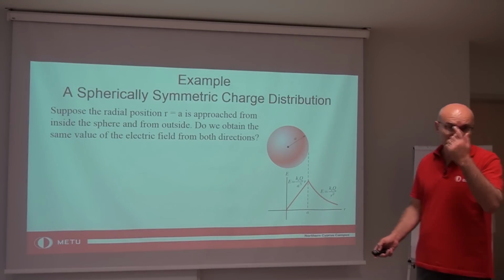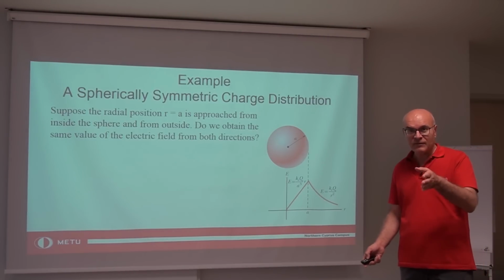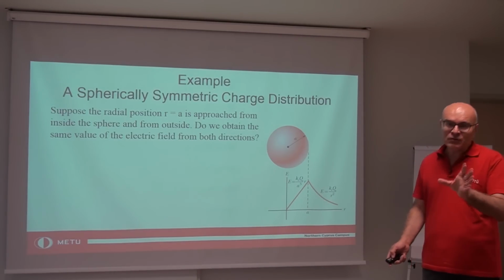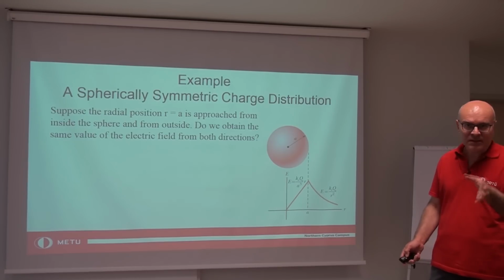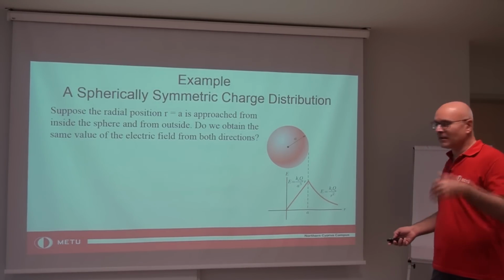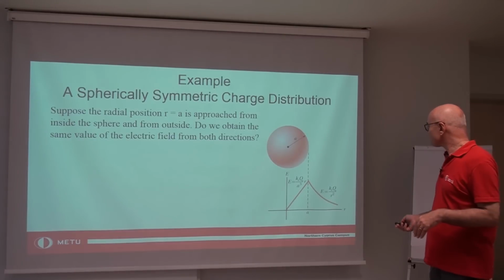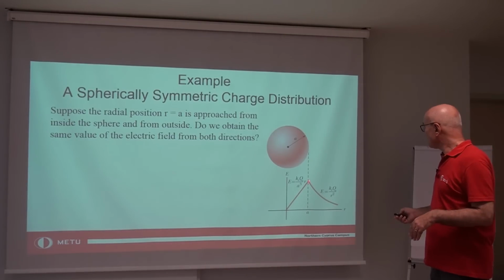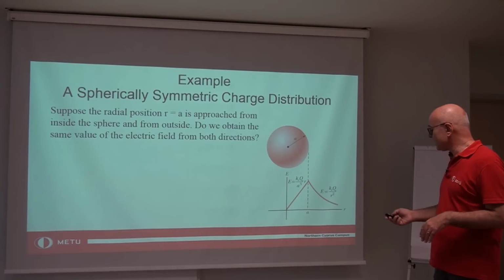The continuity of the electric field at surfaces is not always guaranteed. Electrical engineers will probably learn more about this in their more advanced courses. But let's check that in our case it is.